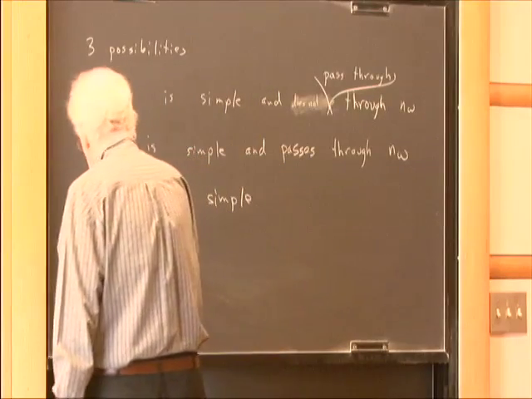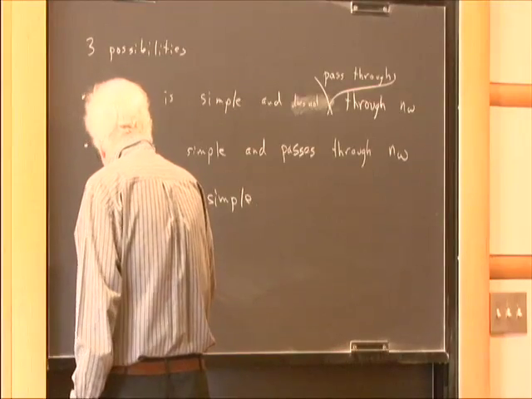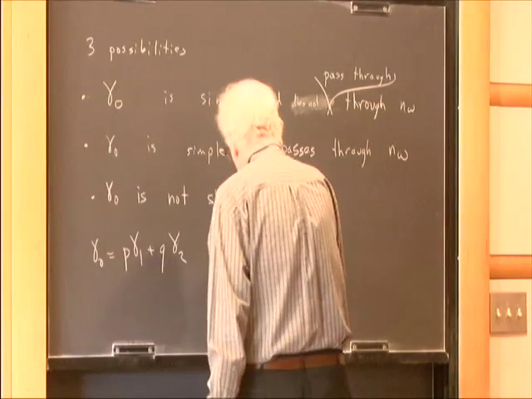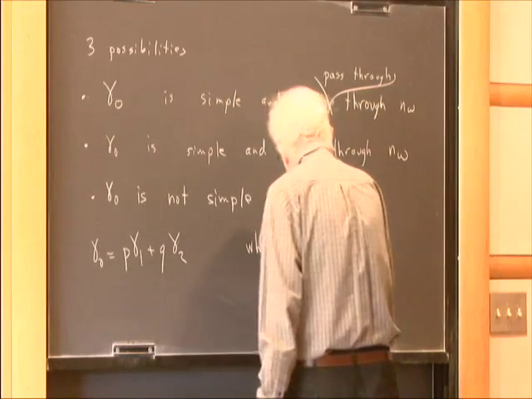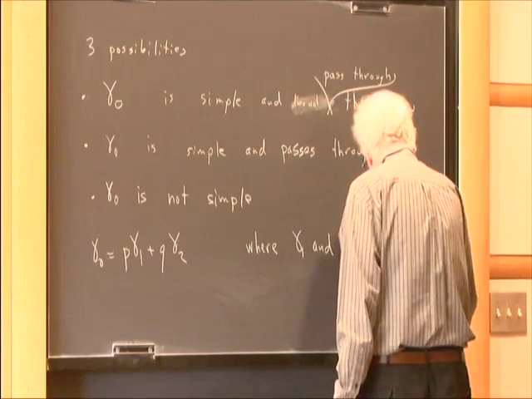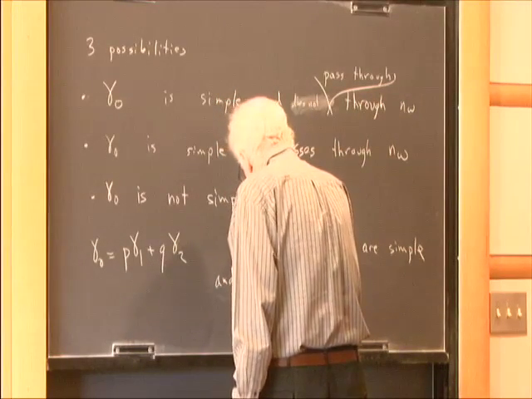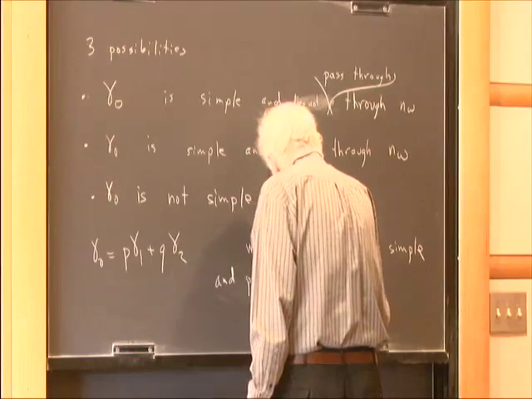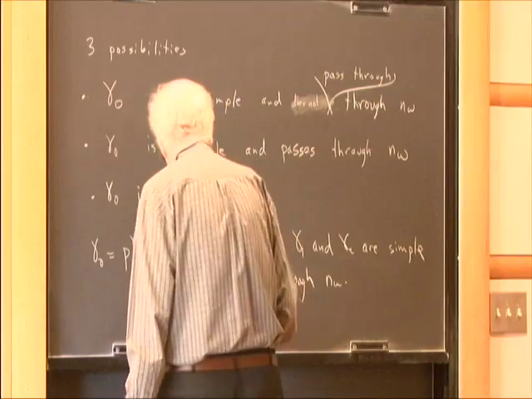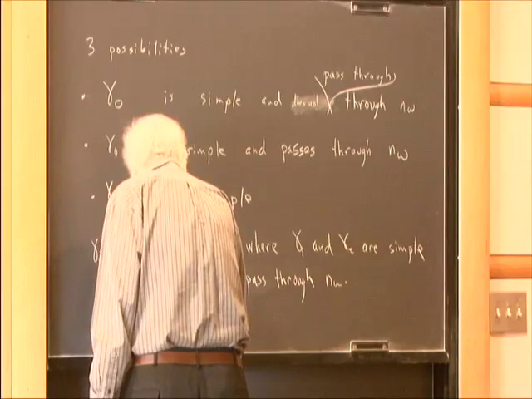In this case, gamma 0 equals p gamma 1 plus q gamma 2, where gamma 1 and gamma 2 are simple and pass through n omega. P is greater than 0, q is greater than 0.